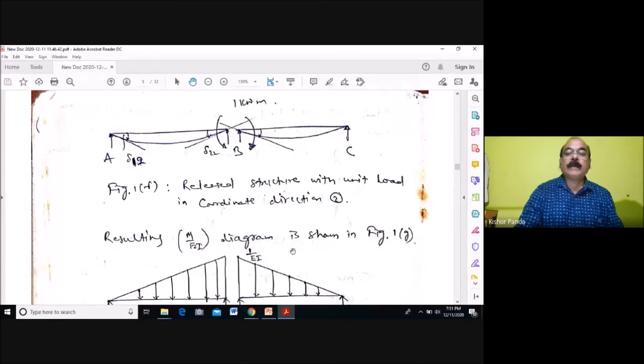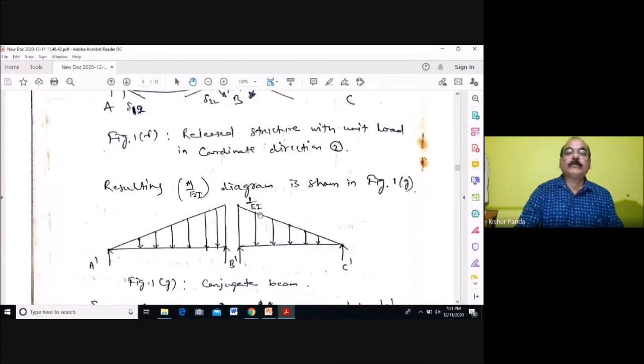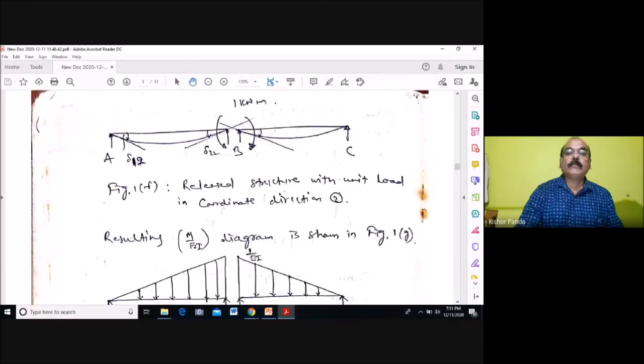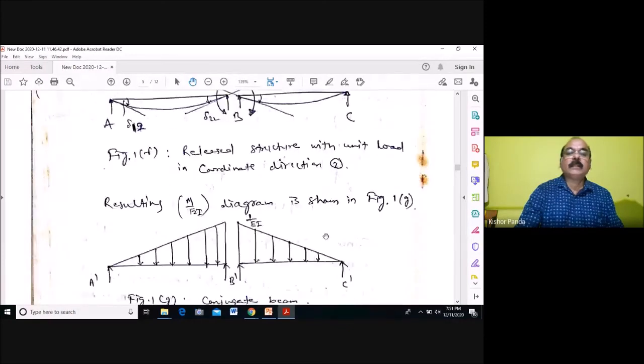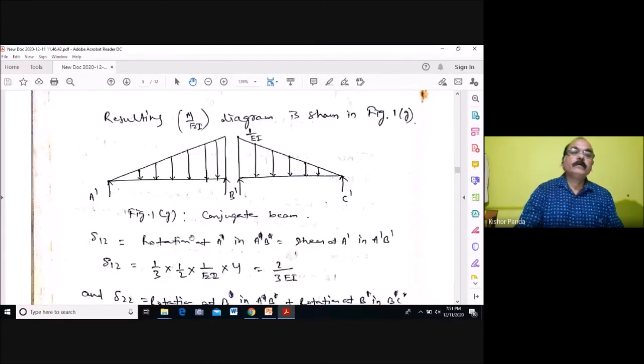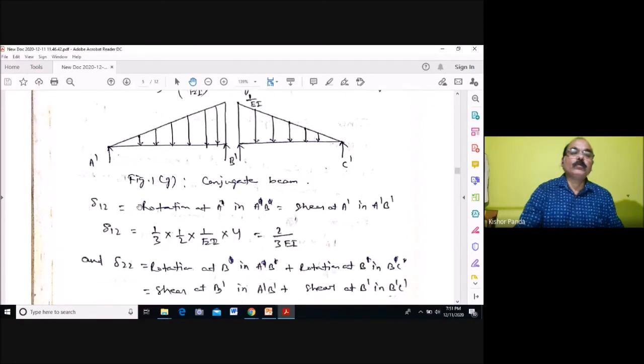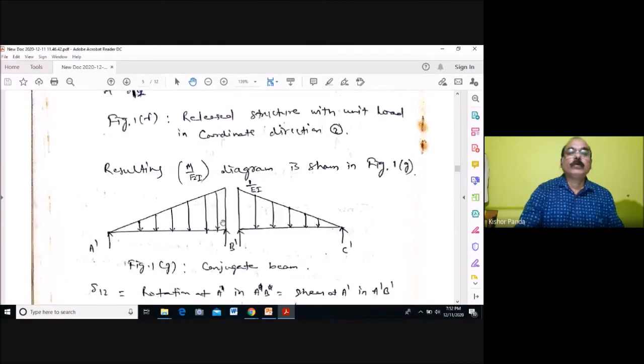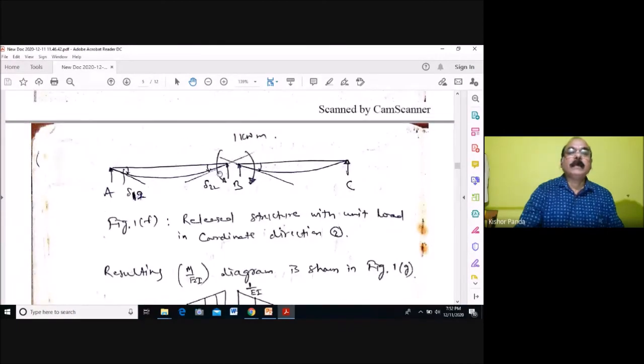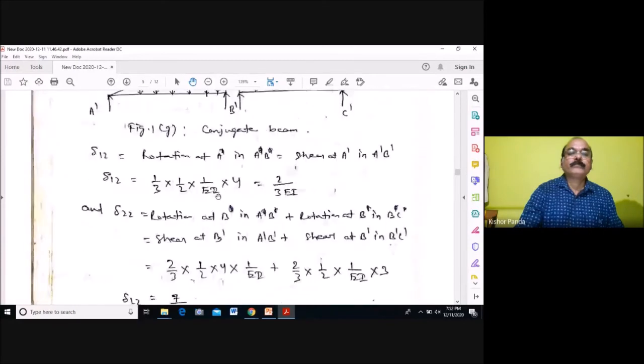So the M by EI diagram is the loading for the conjugate beam. So here 1 by EI and this side 1 by EI. This is the loading for the conjugate beam. So you have to find out delta 1-2 and delta 2-2. Delta 1-2 is the displacement at 1 due to unit force at coordinate 2. So this is equal to rotation at A in AB, which is equal to shear at A' in A'B'.